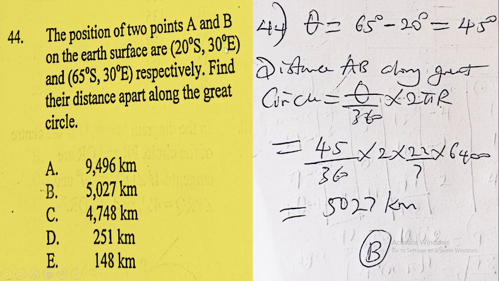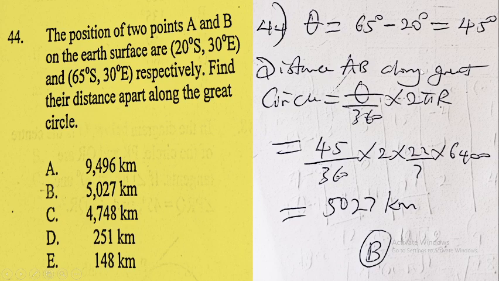So how do we find the angular distance? By subtracting their differences, because they are in the same hemisphere, south of the equator. So we have 65 degrees minus 20 degrees, that gives us 45 degrees. That's the angular distance.